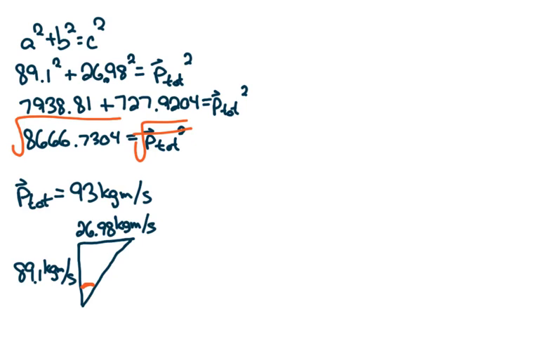Go back to basic trigonometry, SOHCAHTOA. Looking from that angle, 26.98 is the opposite side, 89.1 is the adjacent, so tangent would be the best choice here. Notice that I didn't label 93 kilogram meters per second on the triangle. It's secondhand information, and let's avoid it if we can. So tangent equals opposite over adjacent.